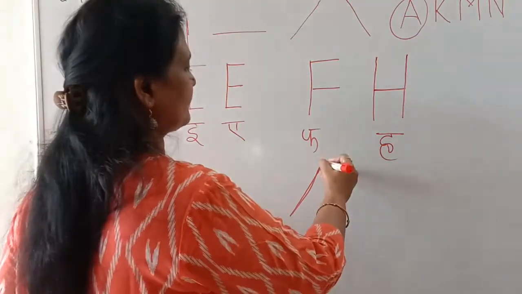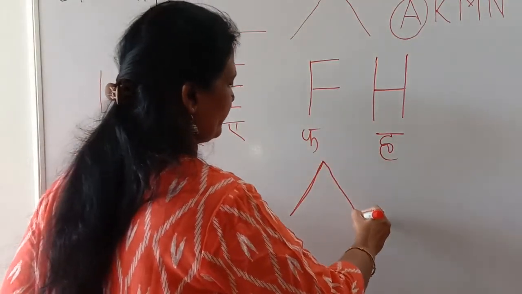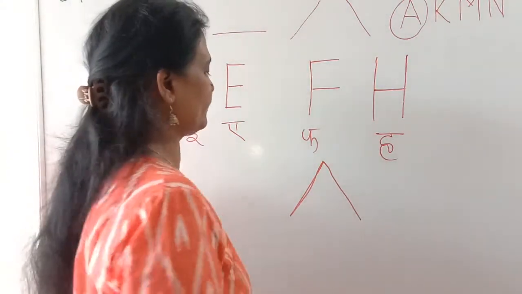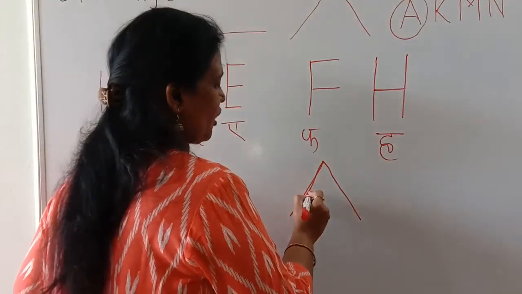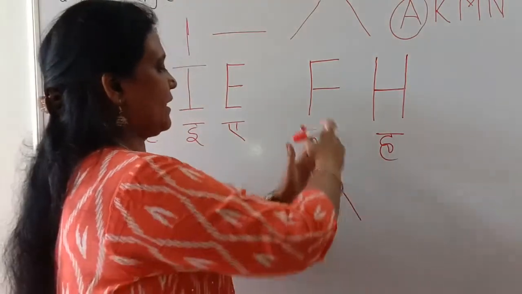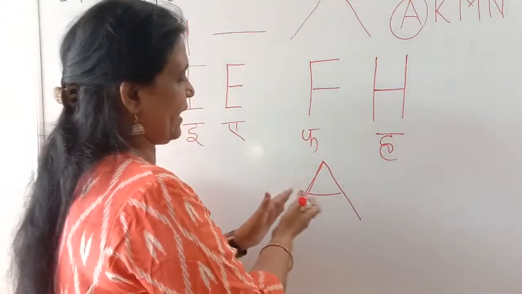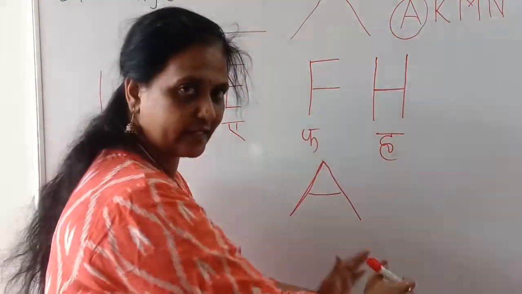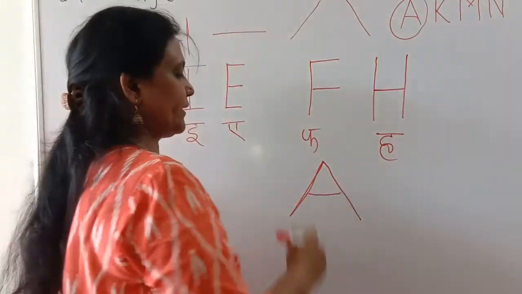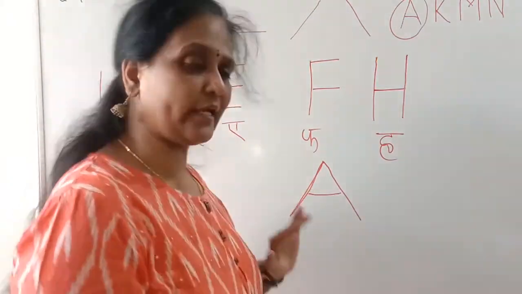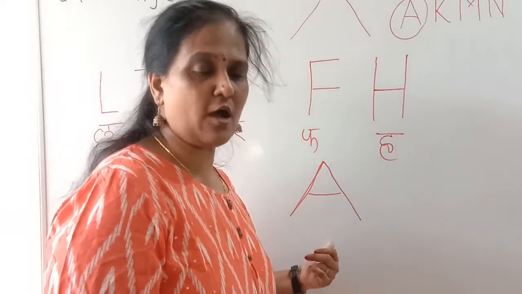Then another slant line. Then I draw here a sleeping line. Slant line, another slant line, and sleeping line. Letter A. Which letter did I draw?